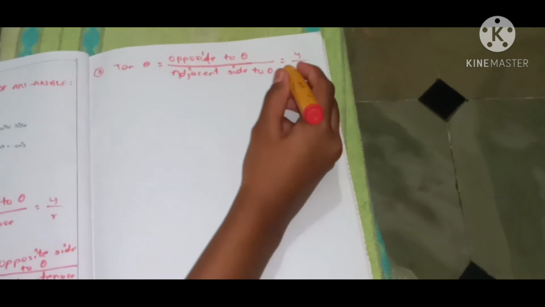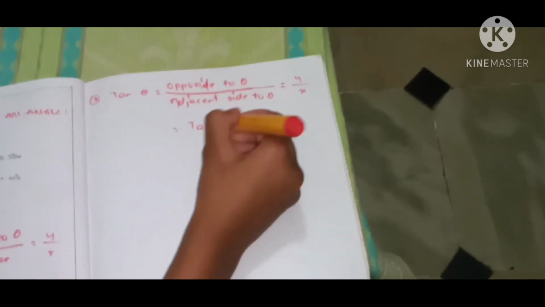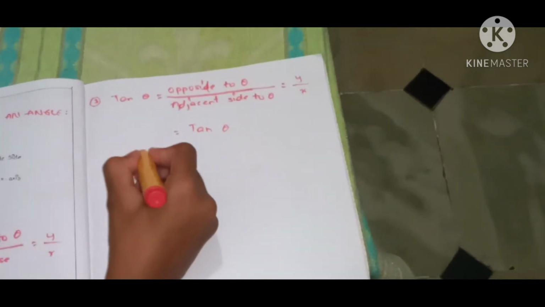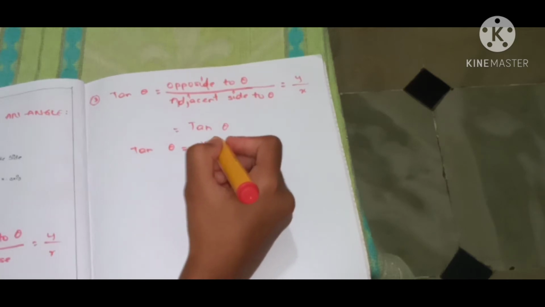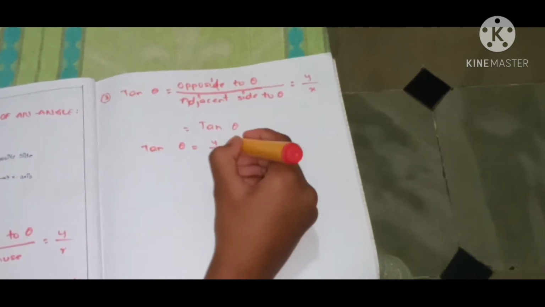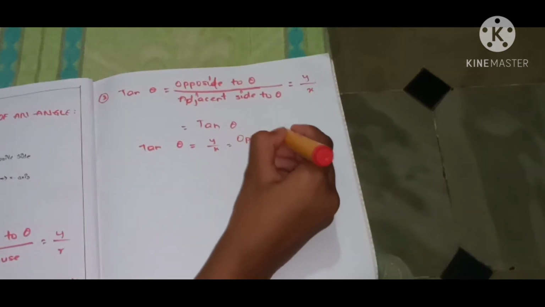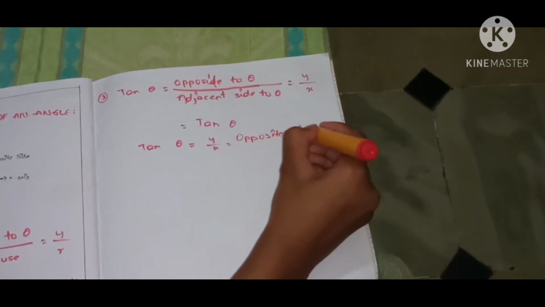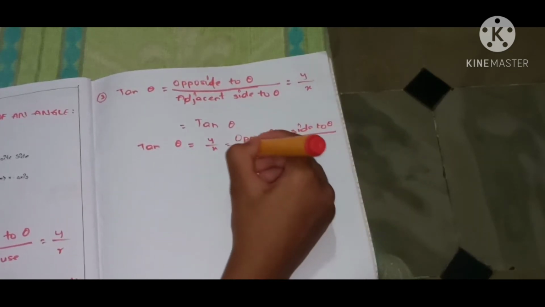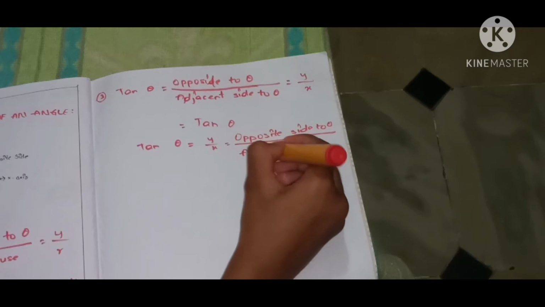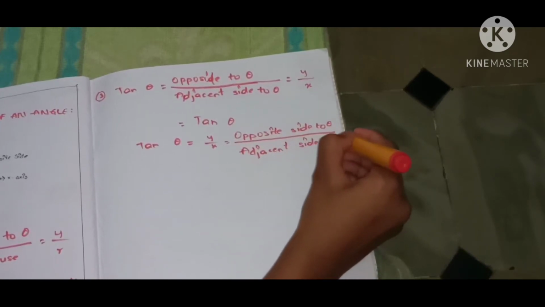So y by x is equal to tan theta. Tan theta equal to y by x, opposite side to theta by adjacent side to theta.